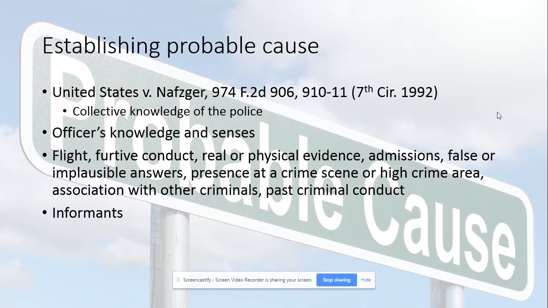So if I smell marijuana emanating from the vehicle or from the house, then my nose is telling me that a crime is occurring because it's illegal to possess marijuana inside the state of Kansas for any reason. Okay, so my own senses can help to establish probable cause. Then we have flight, which is running from us.